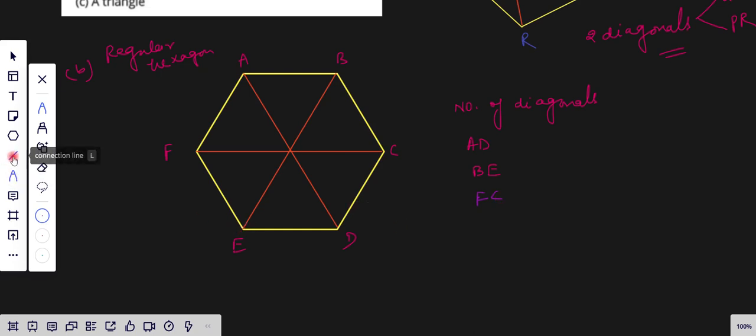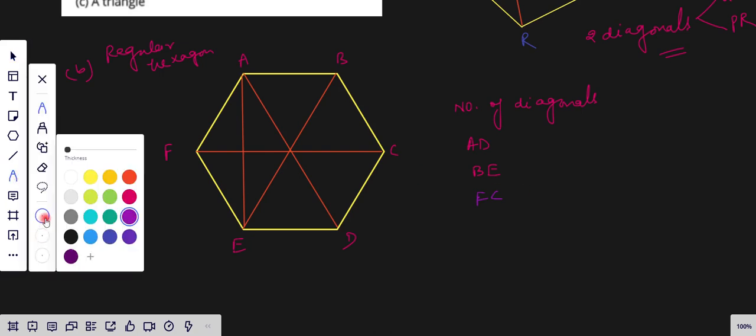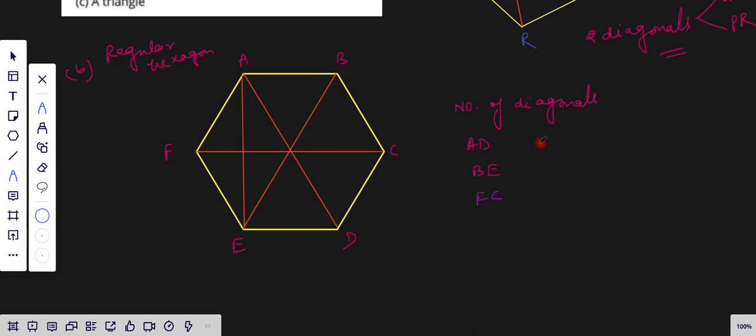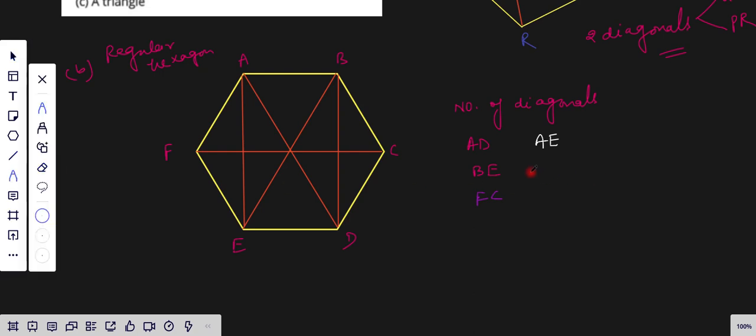Then you can draw another diagonal from A to E. So another diagonal is AE. Then I'll draw one more diagonal, BD.